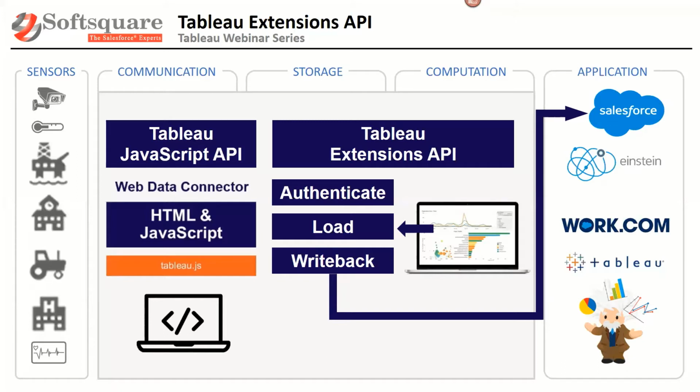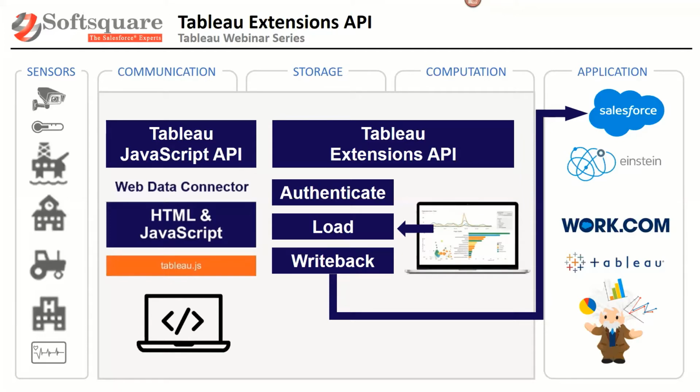So there are 2 APIs that Tableau provides: the Tableau JavaScript API and the Tableau Extensions API. The Tableau JavaScript API works from the outside, and the Tableau Extensions API works from the inside. So what does that mean?